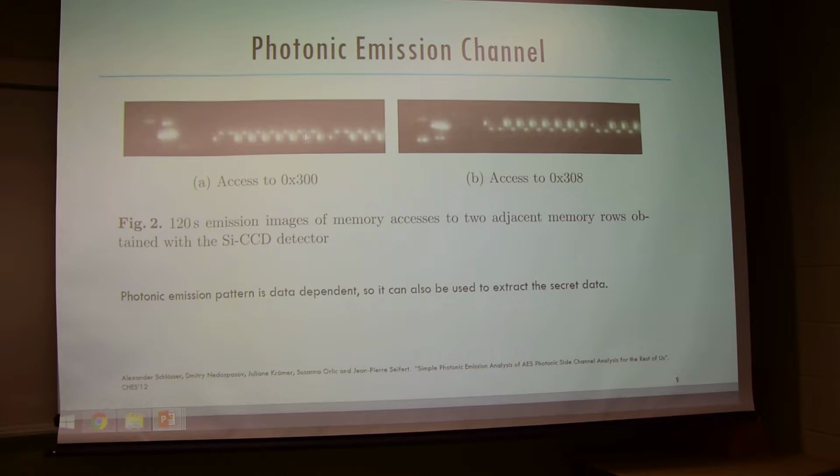Otherwise, if you access a different address, the other address will have more photonic emission. This way, you can observe the access pattern of the memory access, and if this access pattern depends on the secret data, you can extract the secret from it.